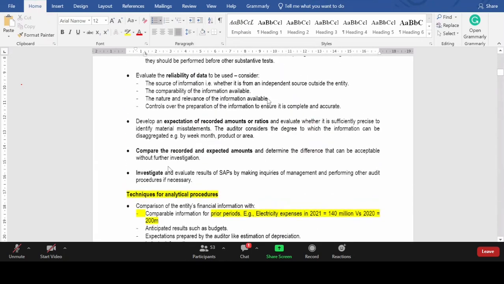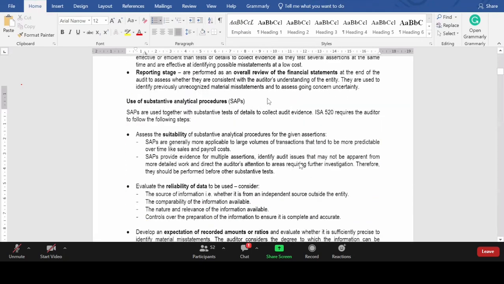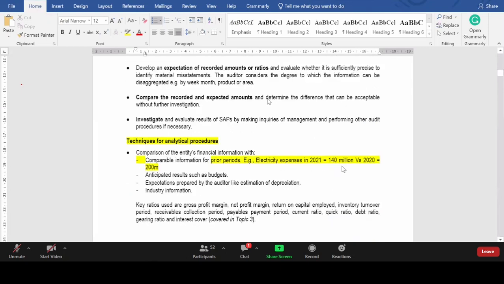So you compare the current year information with the previous financial year information to establish whether there are significant increases. Some accounts, it is bad for significant increases, like expenses. You don't want expenses to over increase. But other accounts, like revenue accounts, for them, we don't want decreases. So for revenue accounts, we shall look whether there was any significant decrease.